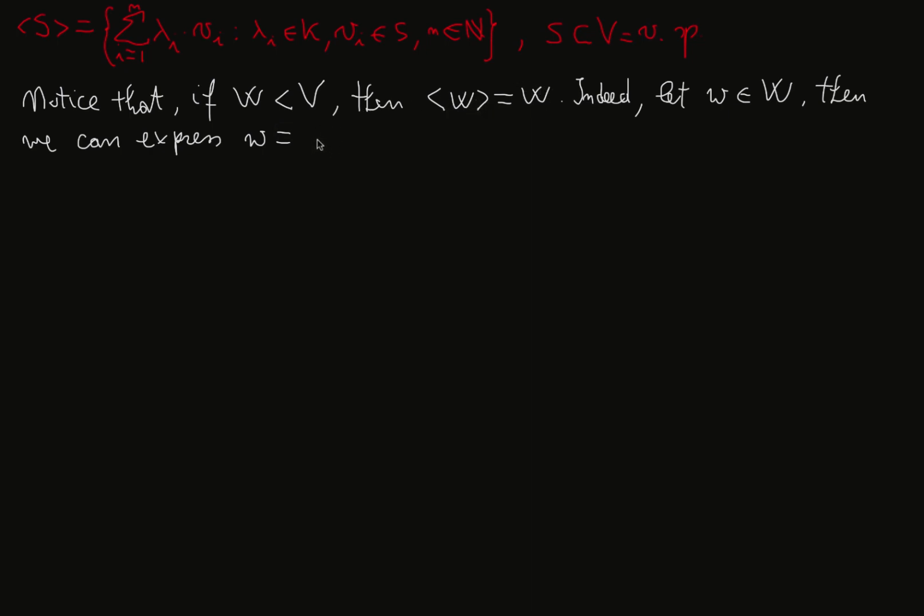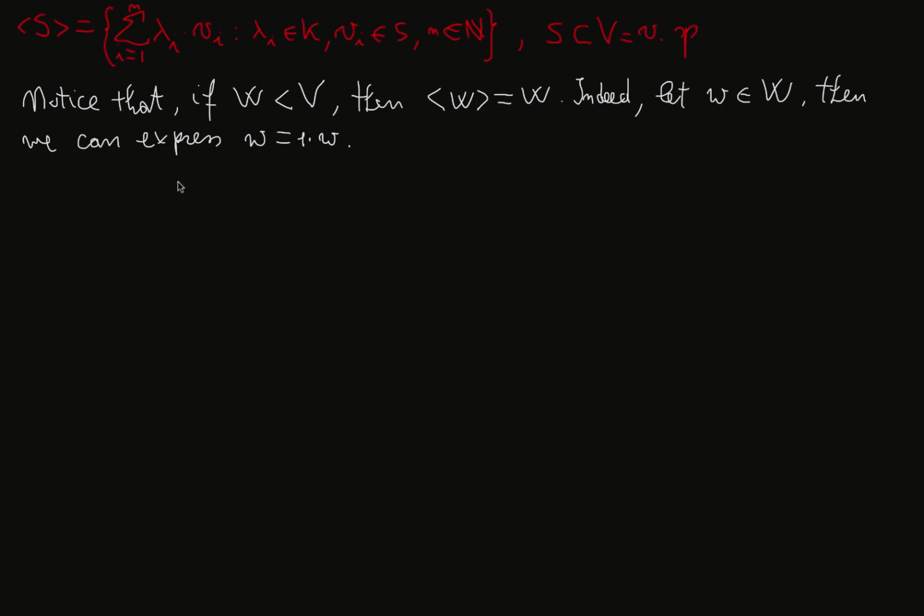Well, we take just the unique vector w and we multiply by a scalar 1. Okay, so this is a linear combination of some elements of W, namely just w, multiplied by scalars. In this case, we just multiply by 1. That means that we also have an inclusion the other way around.